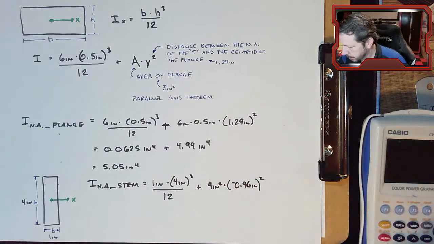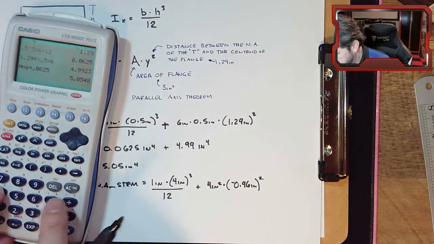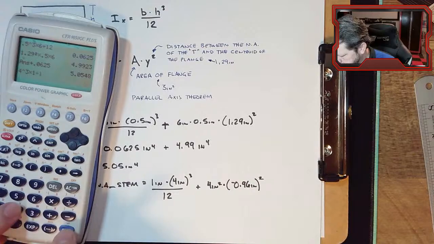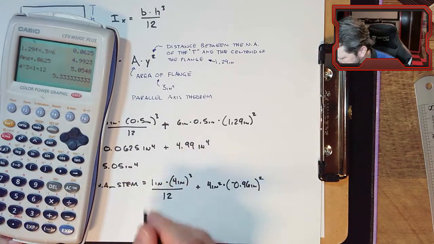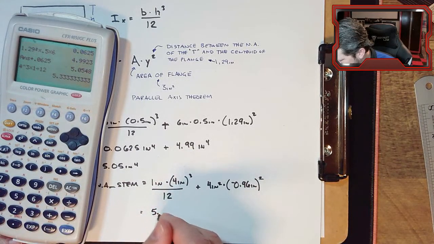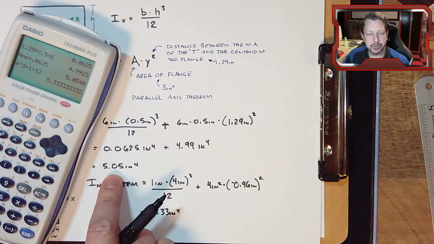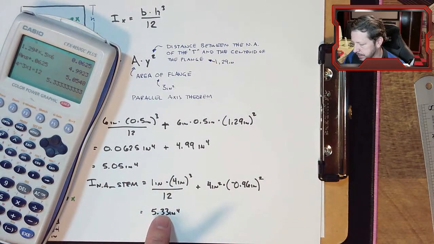All right, here we have 4 cubed times 1 divided by 12. By itself that is 5.33 inches to the fourth, which is more than what the flange is doing altogether. This is just the stem in its normal orientation.